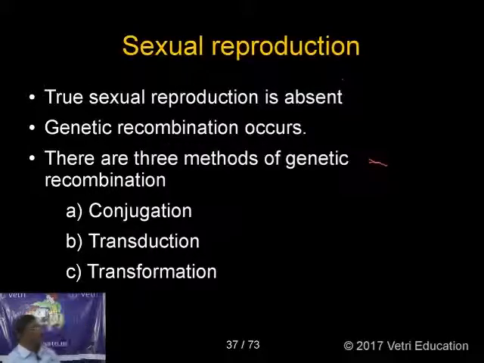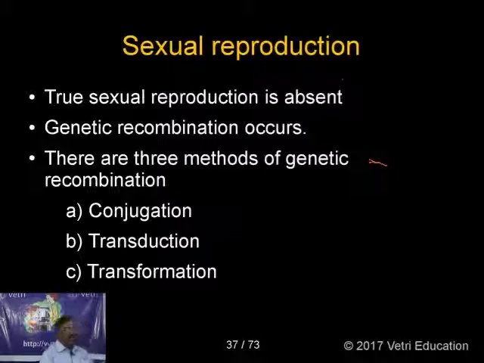Next, you see the sexual reproduction. Actually, sexual reproduction means the fusion of male and female gametes and formation of the zygote. It is diploid, undergoes reduction division and forms haploid individuals.